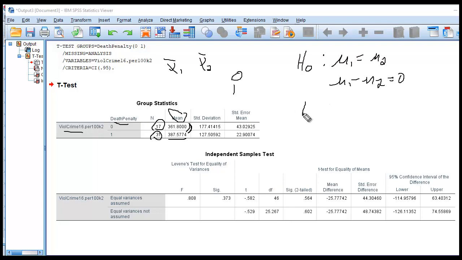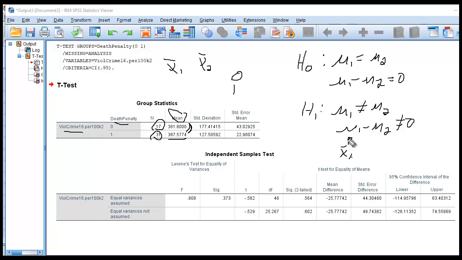So the alternative hypothesis, we can lay it out in the following way. We could say mu 1 is not equal to mu 2. Or if we wanted to state it a different way, we could say mu 1 minus mu 2 is not equal to 0. So just keep in mind that essentially, the mu's that you have right here are being estimated by the sample mean.